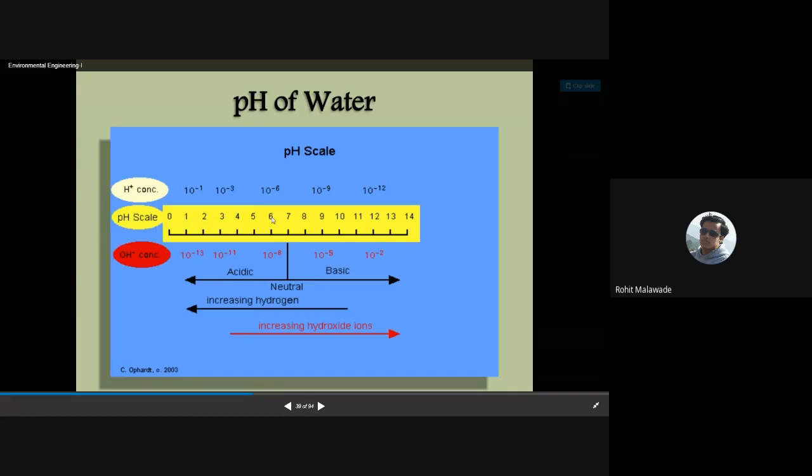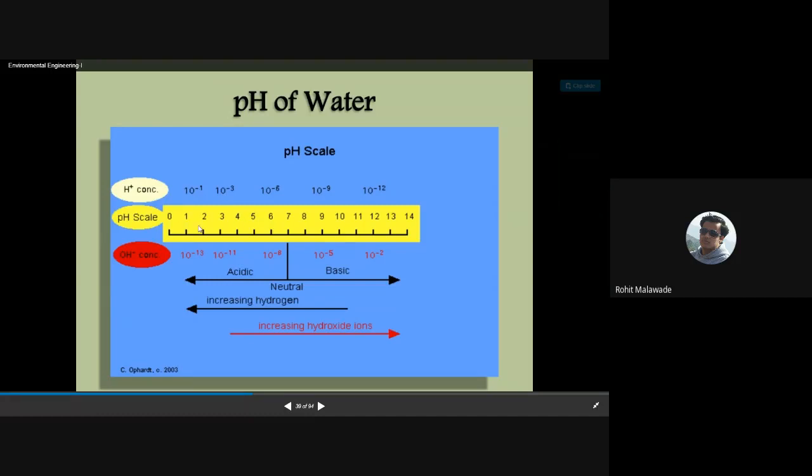As you come from 1 to 7, the concentration of that particular acid is going to decrease. Consider a pH of 5: it is less acidic. 6 is even less acidic, 7 is neutral. 1 is a concentrated acid, 2 is a concentrated acid, 3 is somewhere in between, 4 is a little less concentrated, and 5 has reduced concentration.